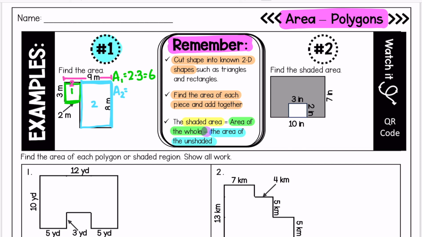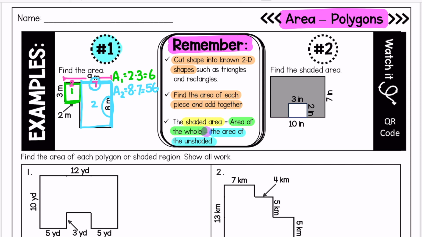This is 2. So if that's 2 and we need the whole thing to get to 9, this would have to be 7, because 7 plus 2 is 9. So the area of shape 2, my other rectangle, would be 8 times 7, which is 56.